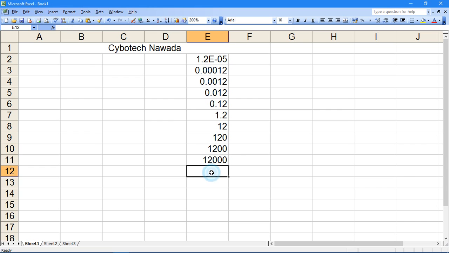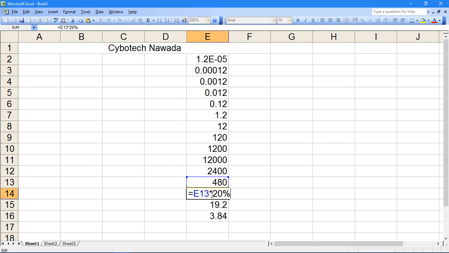Similarly, suppose here I am writing equals E11 into 20%. Now I'm copying this formula in the downward direction. Just watch the value. This is the value, that is 20% of this as per the formula, because I have already written the formula, 20% of E12.